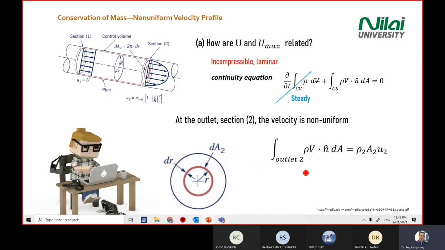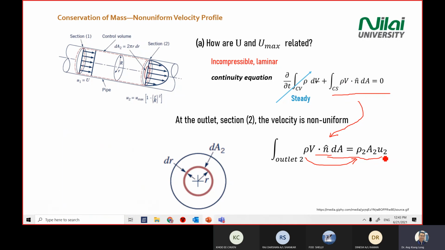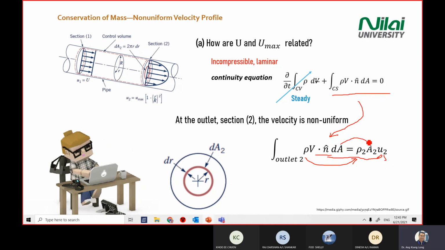For outlet number 2, you write rho v, you copy the structure of the control surface equation. Outlet number 2, rho v dot n hat dA equal to rho 2 A2 U2. So this is just applying what you see in the question. dA is A. And just a side note, U times A equal to your Q, volume flow rate.